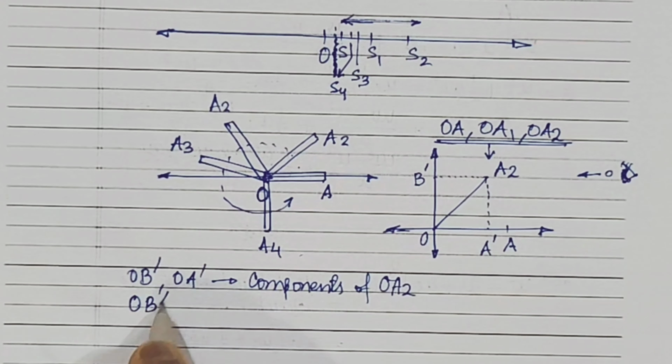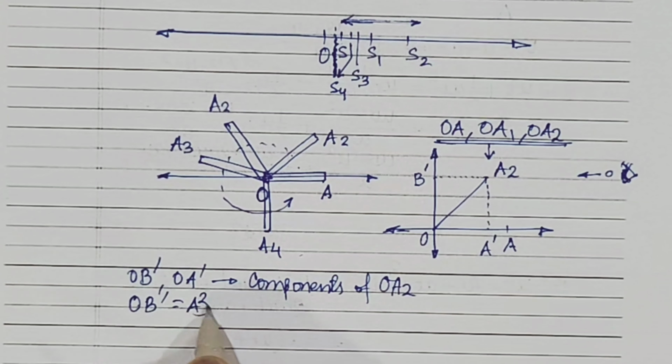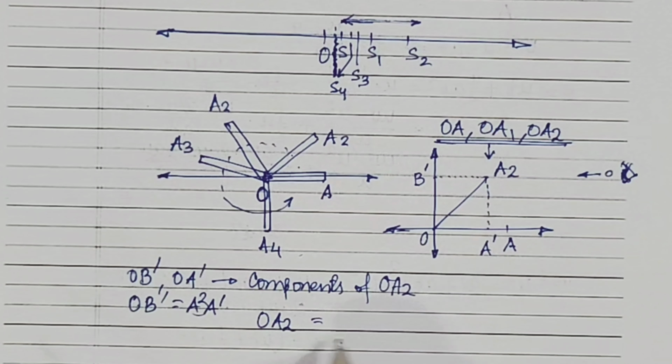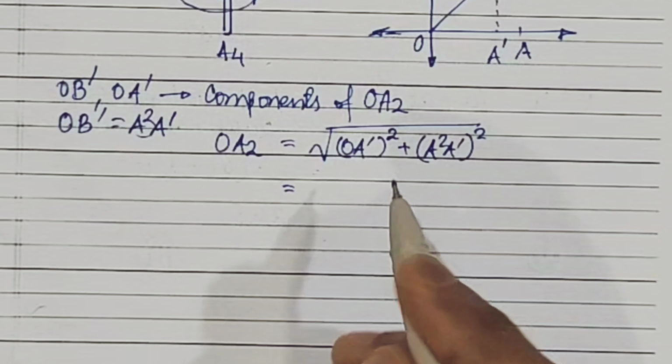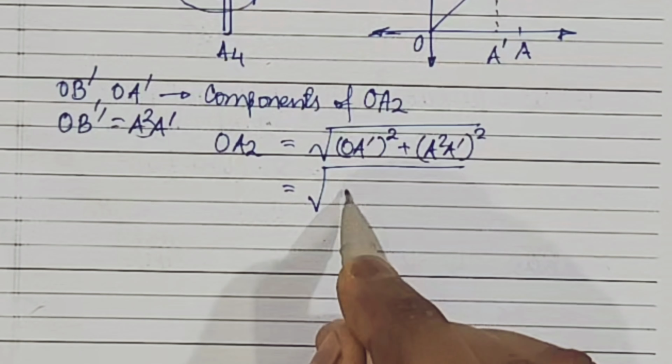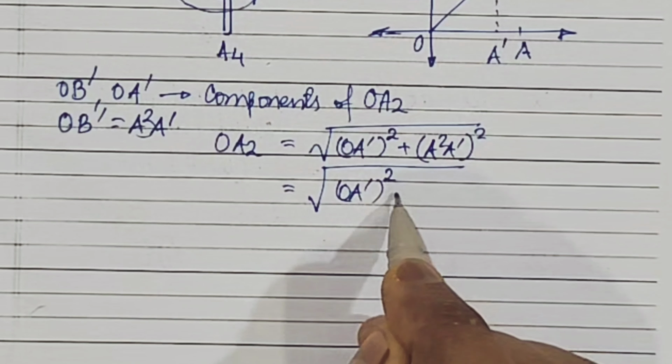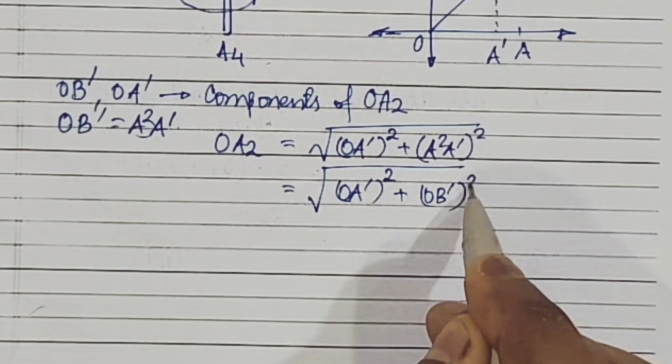So OB prime is equal to A2 A prime. Now, as per the Pythagoras formula, OA2 in magnitude will be equal to the square root of OA prime square added with A2 A prime square, which is the same as OA prime square plus OB prime square.